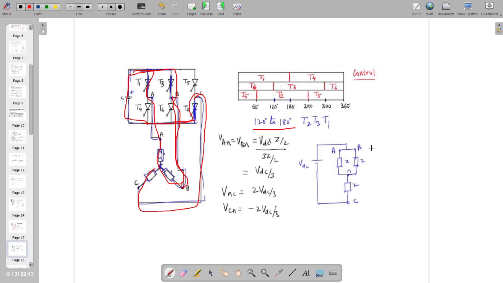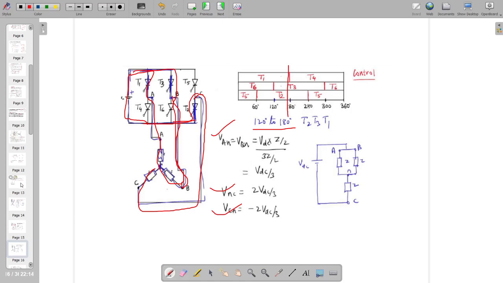I am applying KVL as well as the voltage division equation. We will get the VAN, VCN, VNC values like this. So up to 180 degrees we have considered the three cases.